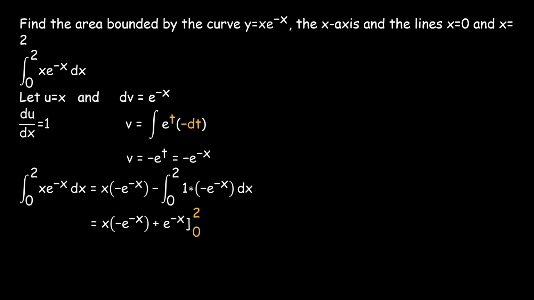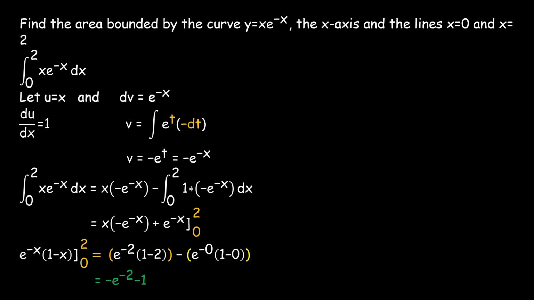So we have our result with which we can substitute 0 and 2 and then subtract 0 from 2. When we substitute each of these values, we should be able at the end of the day to get negative e to the power negative 2 minus 1, which you can use your calculator to get the actual decimal number. But we're going to leave it like that for now.